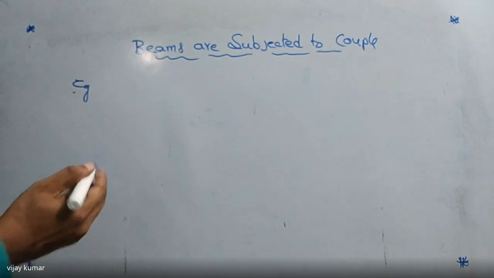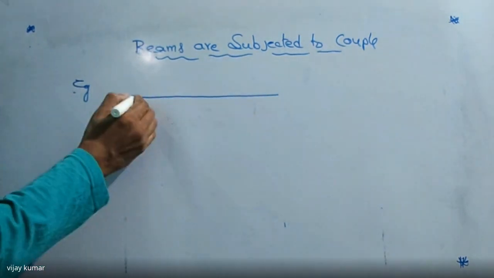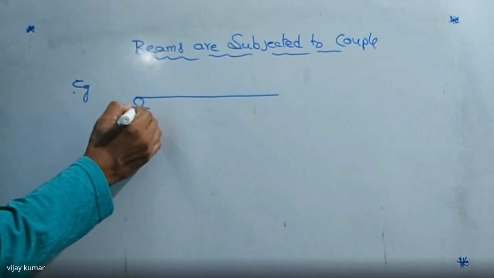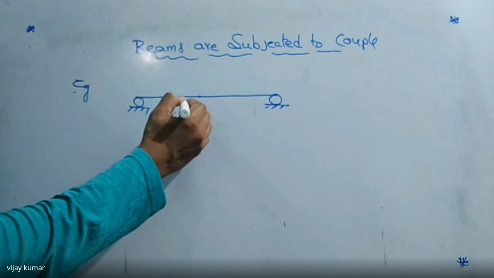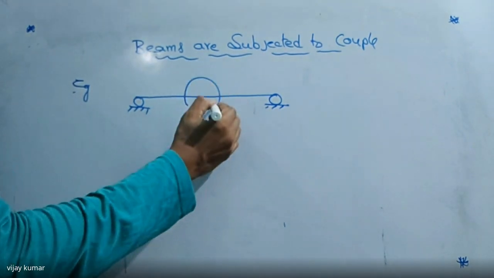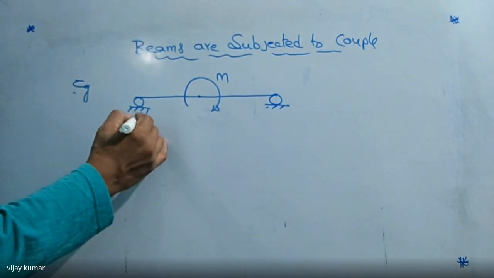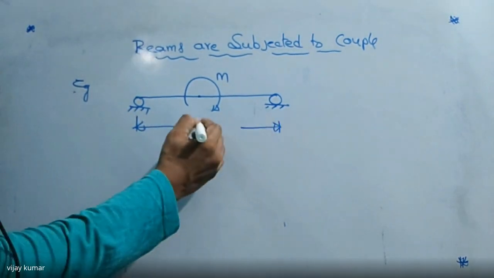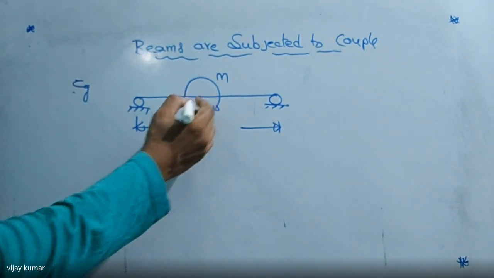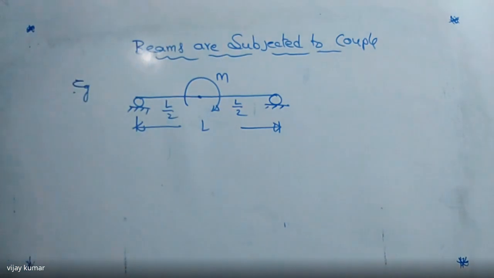So this is the simply supported beam. Here one couple is given. That is M, which is acting exactly at the center. This is L. This is exactly at the center. This is L by 2. This is L by 2.